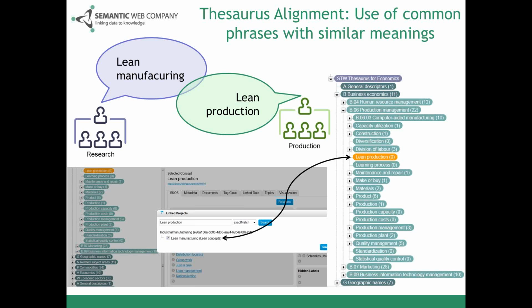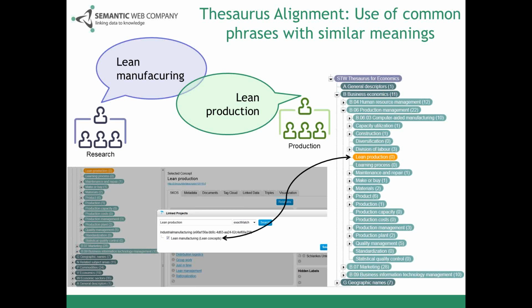Probably in your company, nobody talks about lean production. They all talk about lean manufacturing maybe. Or let's assume your production department is using the Standard Thesaurus for Economics to categorize information, and lean manufacturing is not in this thesaurus yet.